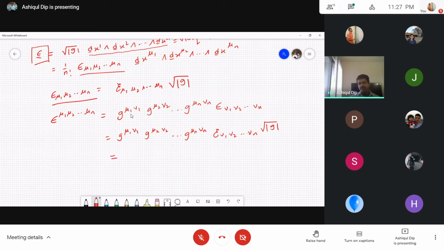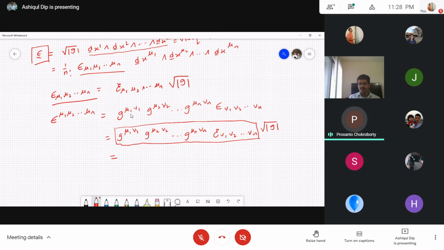Now, consider just this part. Do you see something that could be useful? I guess we can express it in terms of the determinant of that tensor. Okay, determinant of what?